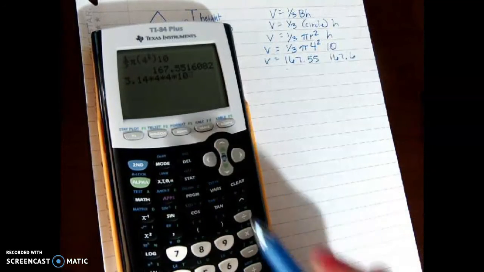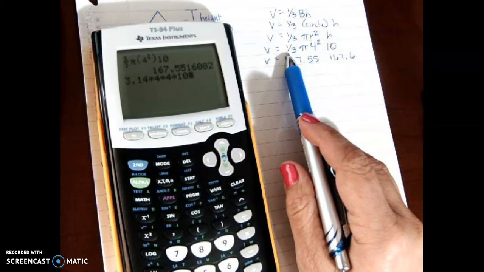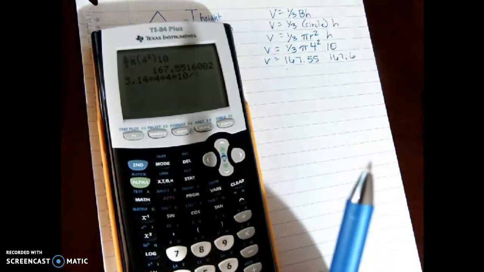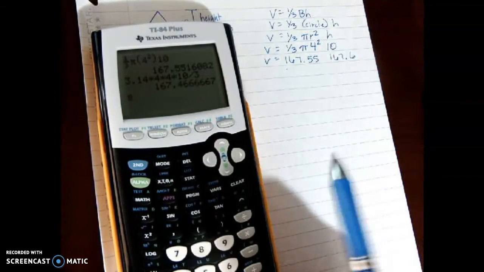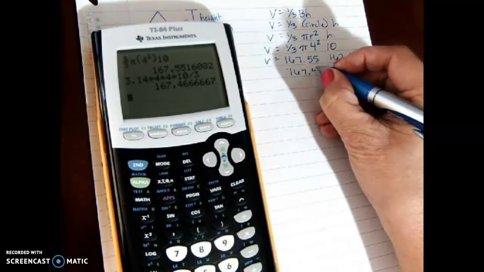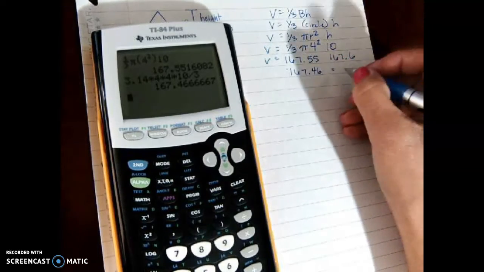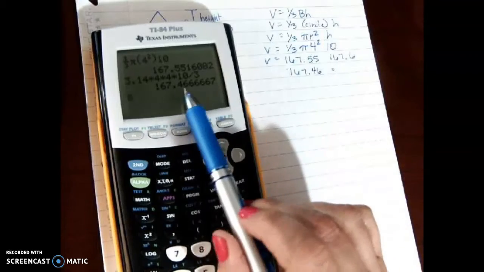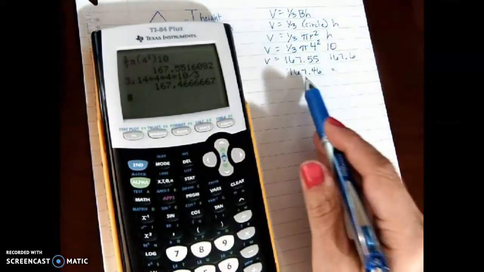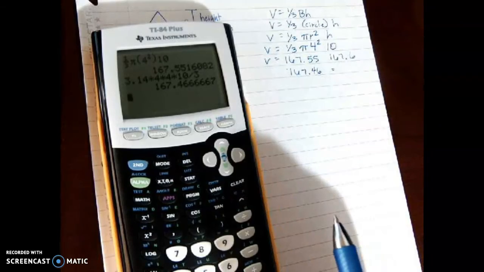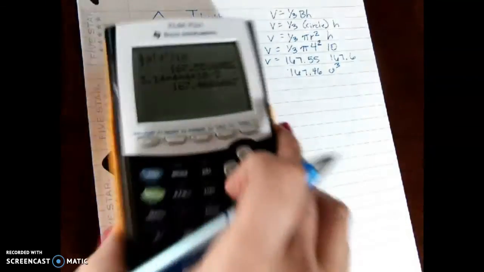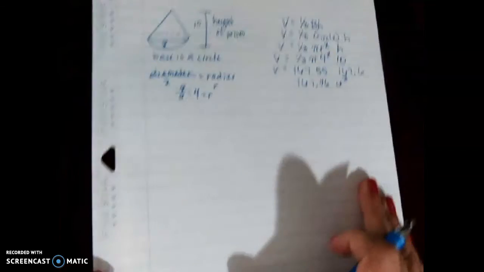And then for the last step, we're going to divide it by 3. So divide by 3 equals 167.46. It's a very small decimal difference, but it's still going to be about 167 units cubed.